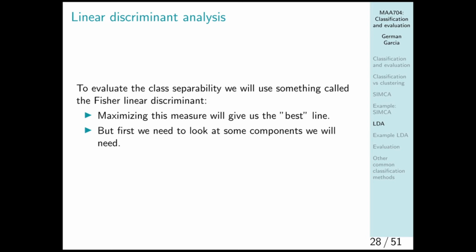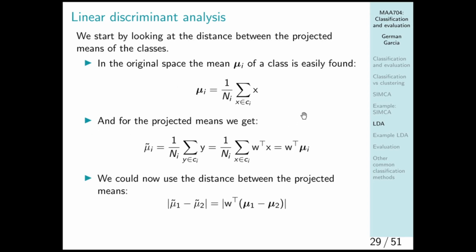But first we need to look at the mathematical background and firepower that we will need. Firstly, in the original space, the mean of a class is very easy to find. That's the definition of the mean. And if we project it onto our hypothetical line, what we get is that the projected mean is this product here, the row vector w transpose times the vector with the mean of the class.